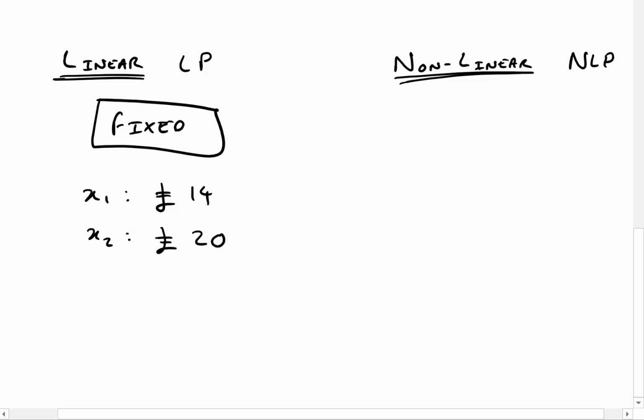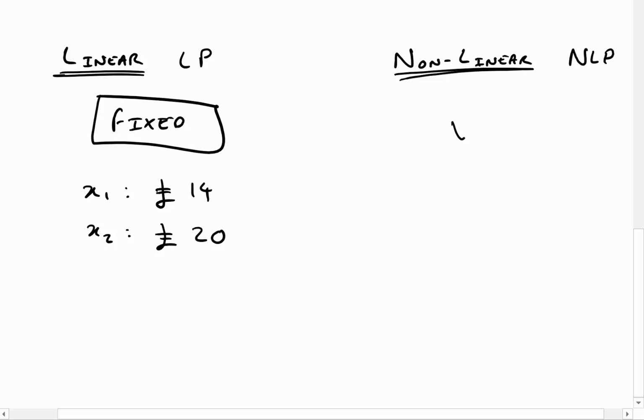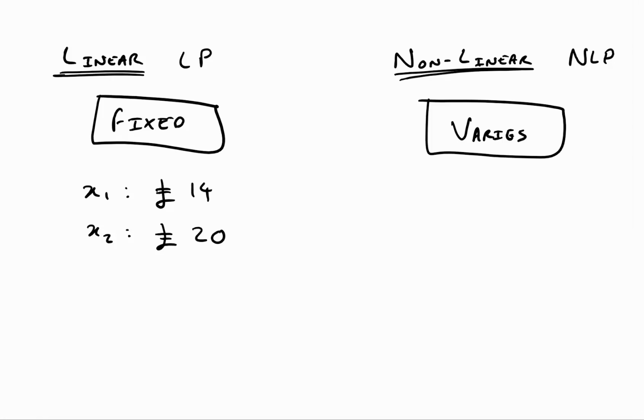Whereas with a non-linear programming problem, it's not fixed. In other words, it varies. That's the idea with a non-linear programming problem, and quite a lot of the time it's given in terms of the other variable, so it depends on what the other variable's doing.